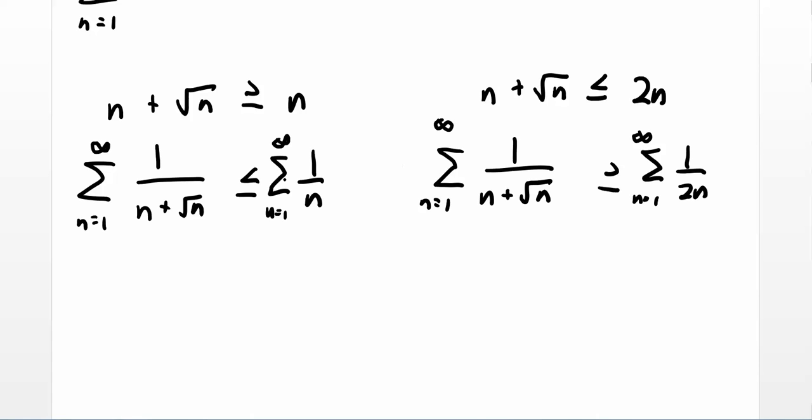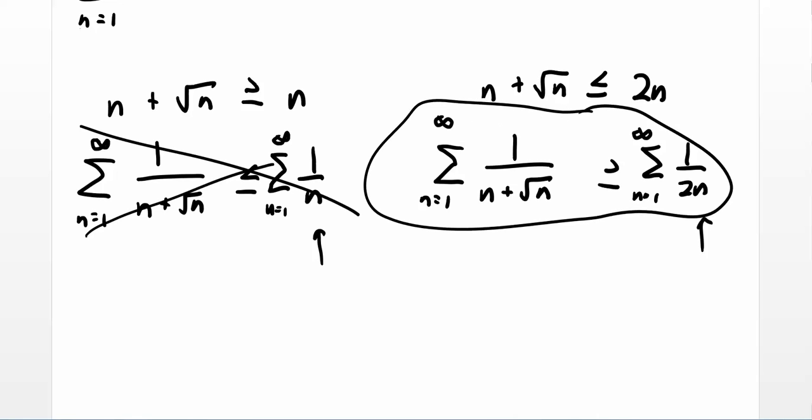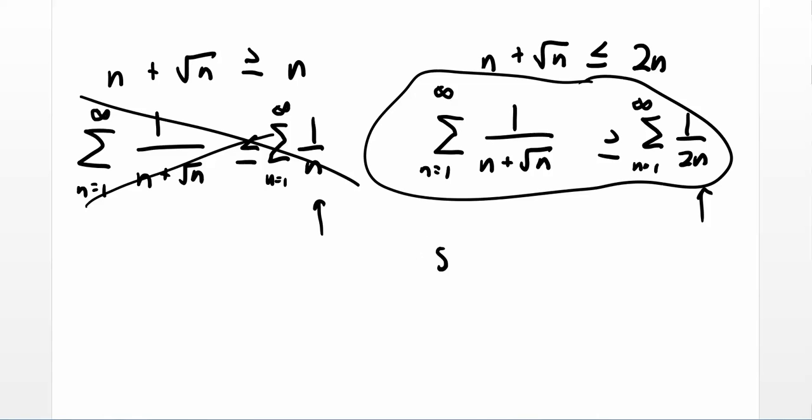So again, on the right side, this is a p-series, both divergent, but this statement tells us nothing because this is smaller than a divergent series. This statement tells us something because we're greater than a divergent series. So this implies that our series diverges.